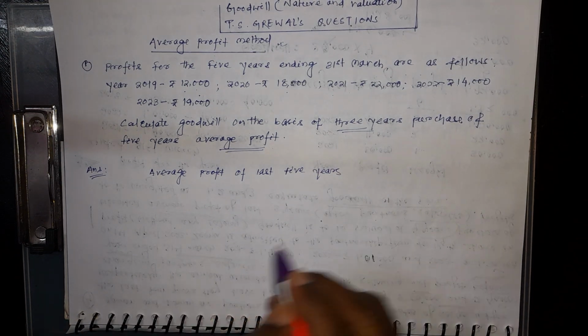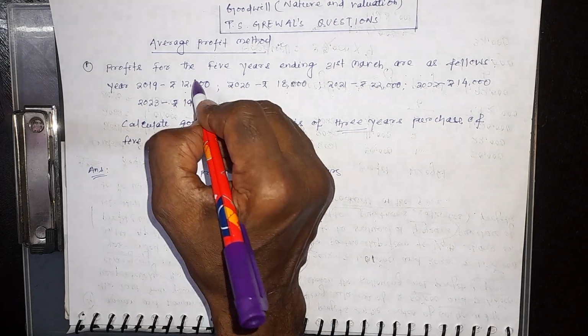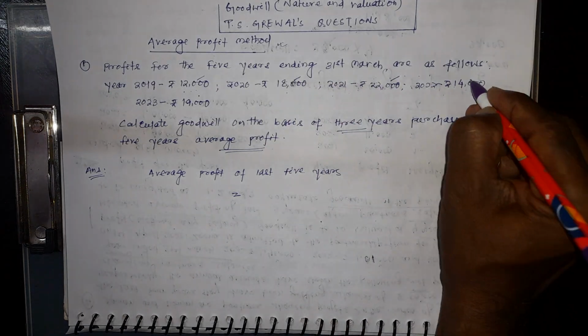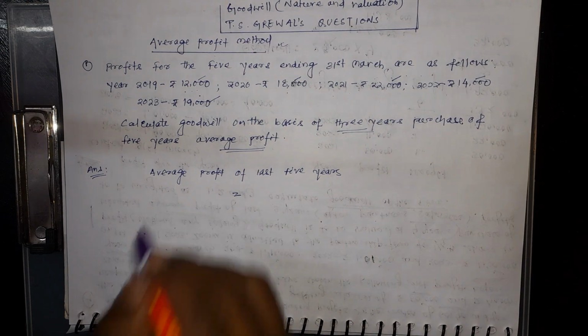Whenever we calculate, what we will do? We will add all the profits: 12,000, 18,000, 22,000, 14,000 and 19,000. This profit you have to add to get the average profit. Clear?